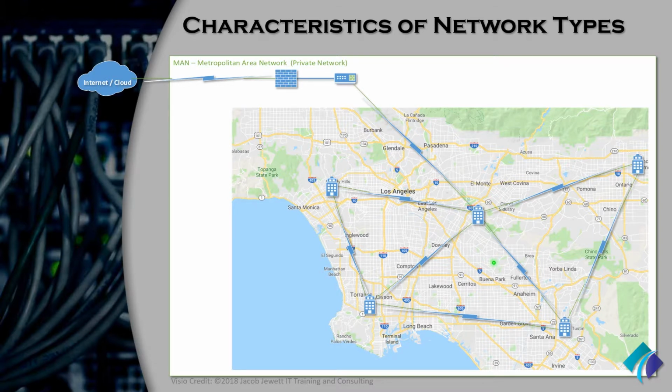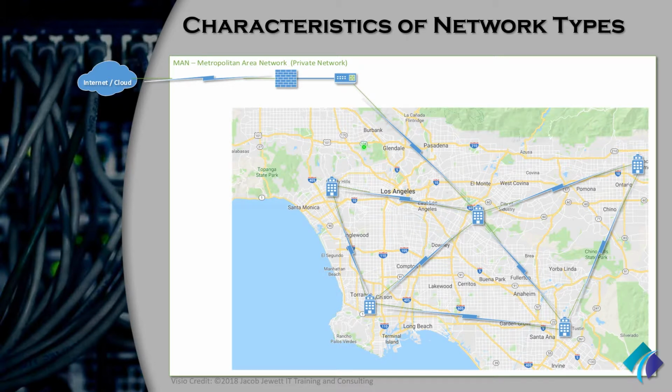Just know that if it's in a geographic location where you have either a city or a county, and you have multiple locations in that county, for example, where I live, they have Kern Regional Healthcare, and Kern Regional Healthcare has multiple locations just in Kern County.